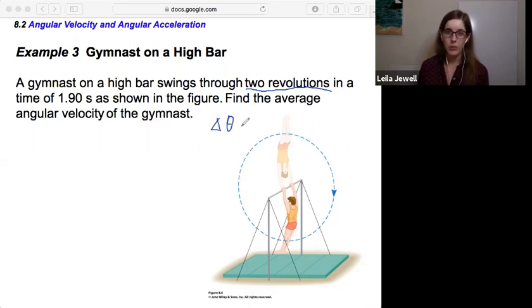So how do we go from a revolution to a radian? Well, we can remember when we have 1 revolution, that corresponds to 1 complete rotation around, which we saw was 2 pi radians.